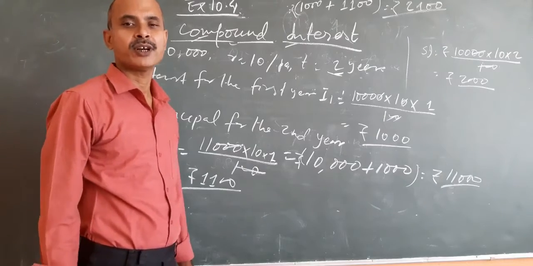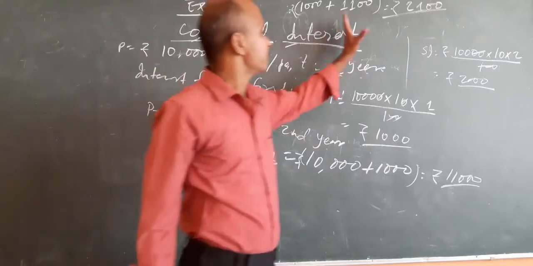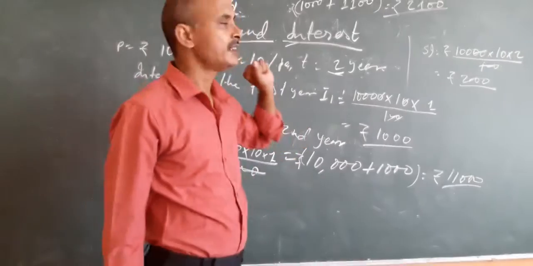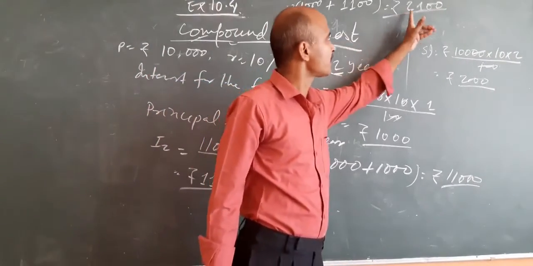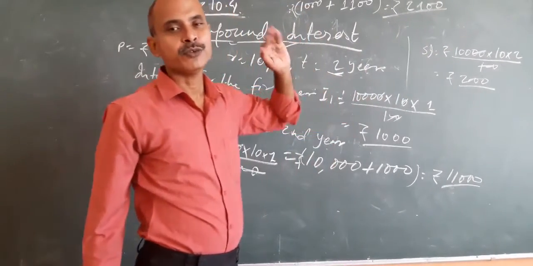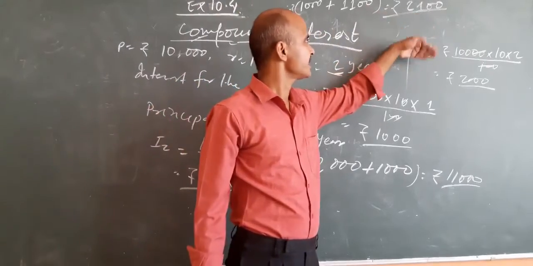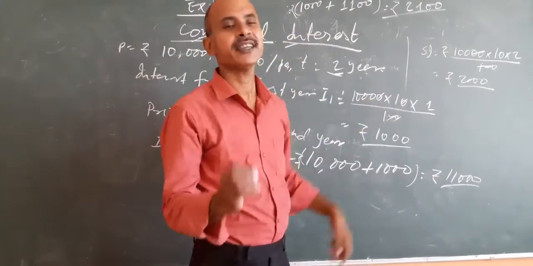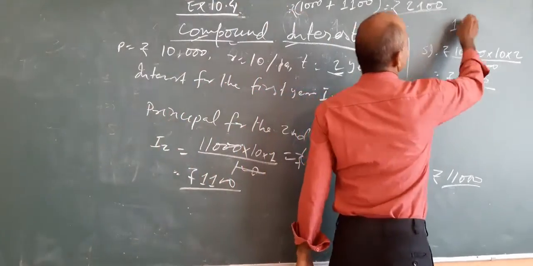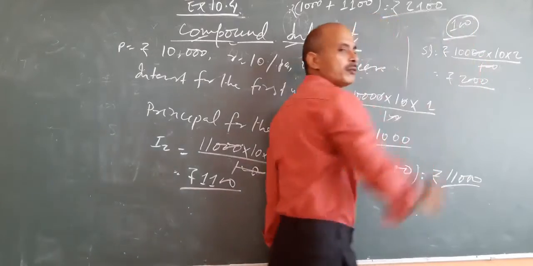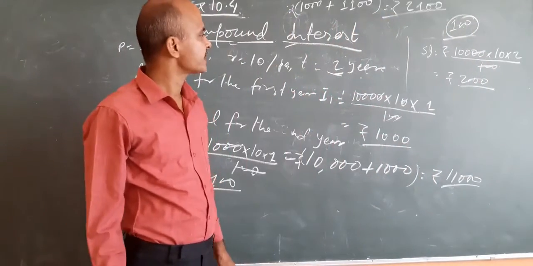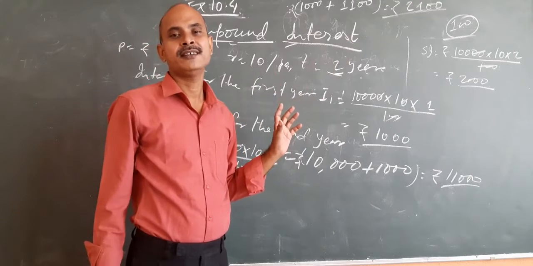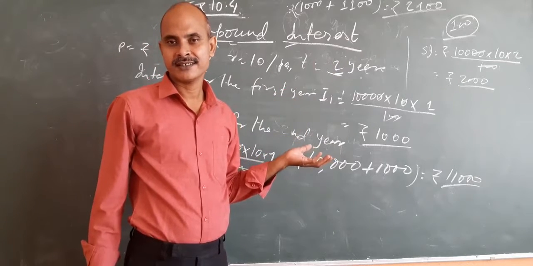Simple interest is 2,000 and compound interest is 2,100. We see that compound interest is greater than simple interest by rupees 100. Why is there this difference?